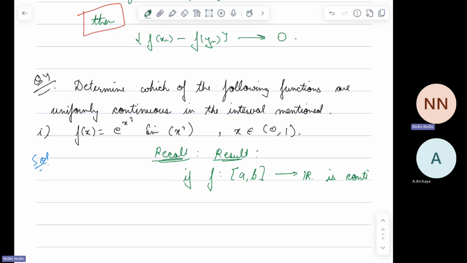It happens only if the domain of the function is a closed interval.